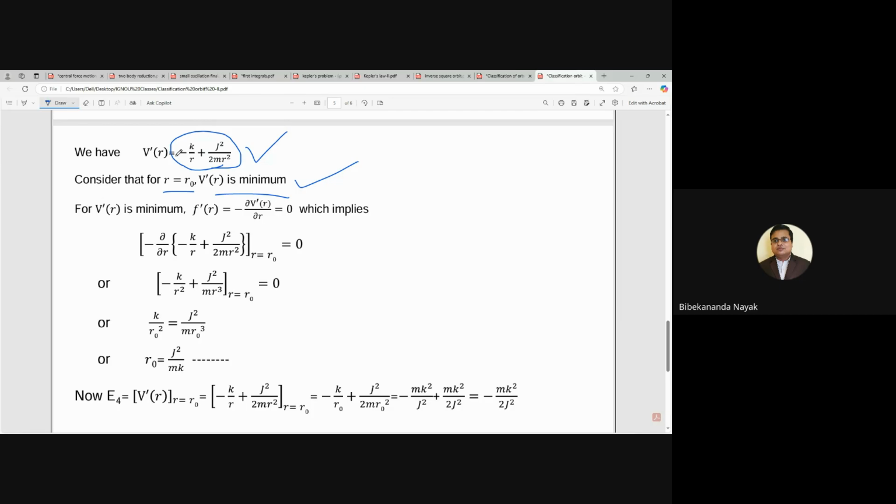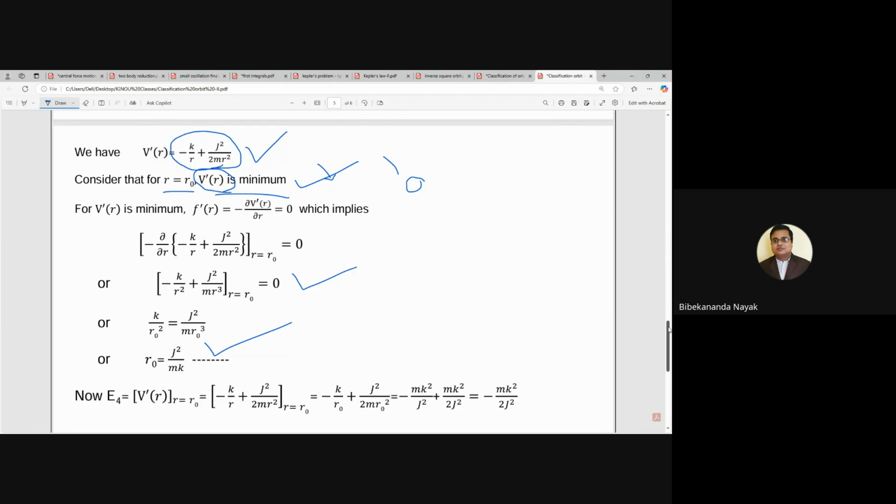Minima occurs, right? For checking maxima and minima, you take the second derivative, whether it is positive or negative. Now it is a minimum quantity. Minimum means a constant; we cannot decrease more than that. If you decrease it, it becomes 0. So it is minimum. Its derivative will be equal to 0. Taking its derivative and equating it to 0, we found R0 is equal to J square by MK.